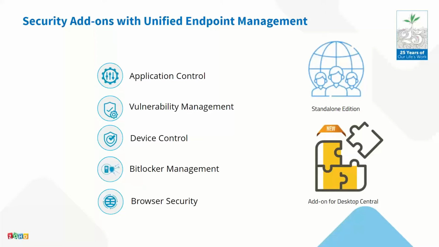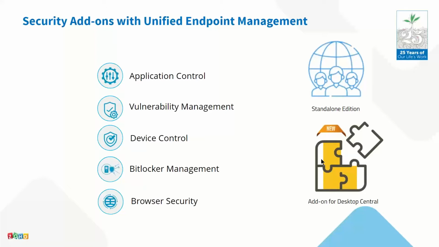Except for BitLocker management, the other security add-ons, application control, vulnerability management, device control, and browser security, all 4 are available as standalone editions as well as add-ons for Desktop Central. So if you want a standalone edition for any of these separately, for vulnerability management you have Vulnerability Manager Plus, Device Control Plus, and for browser security you have Browser Security Plus.